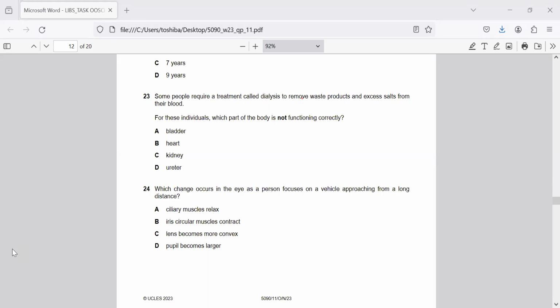As we all know that dialysis is done to remove waste products and excess salts from the body. So the organs are given here. The option C is correct as kidney filter removes waste products and excess salt from the blood. Option C is correct.